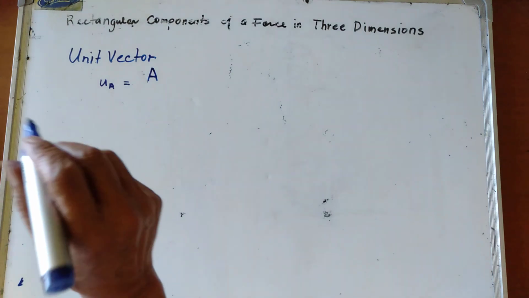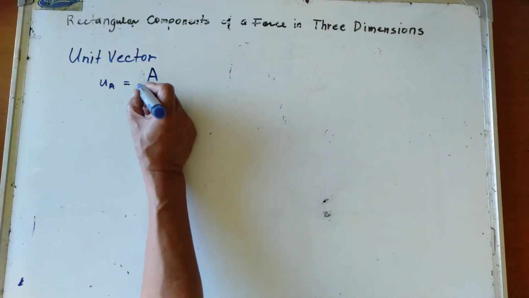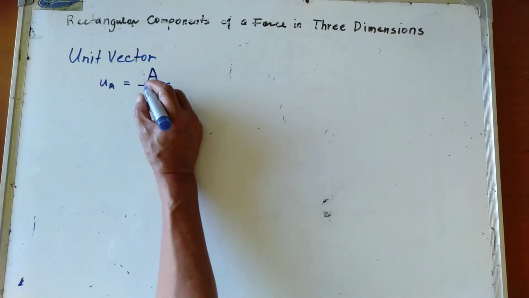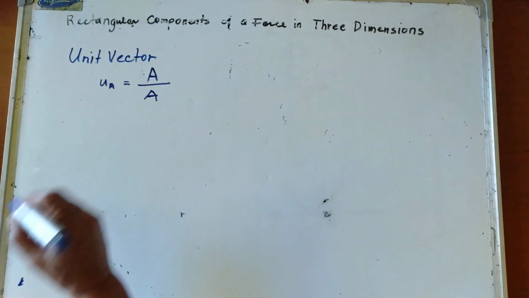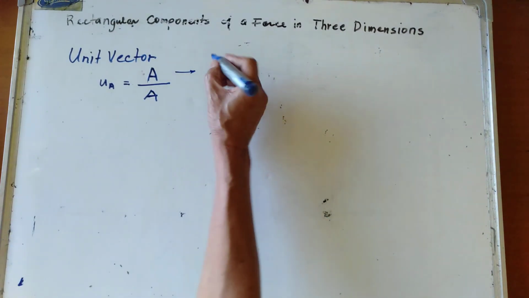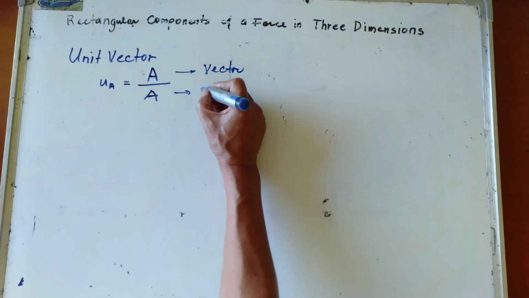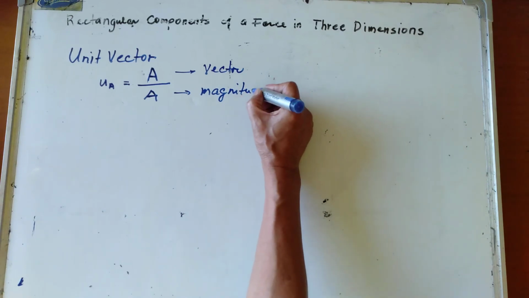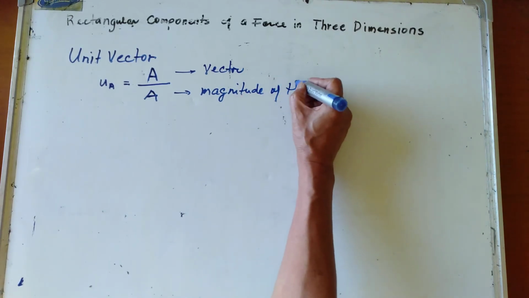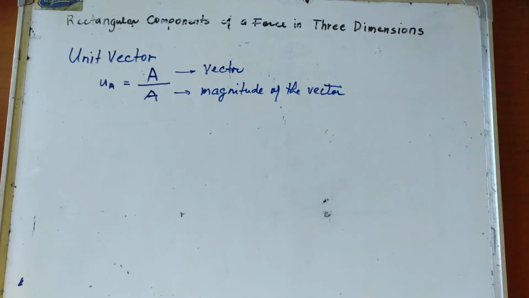The unit vector of A is equal to the vector A divided by the magnitude of that vector, which is A.